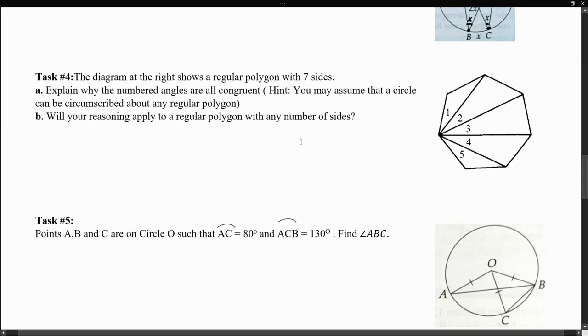Looking at task number 4, it says that we have a diagram which is a regular polygon with 7 sides. Now, we want to explain why the angles are all congruent. And the hint here is that we can assume that a circle can be circumscribed about any regular polygon.